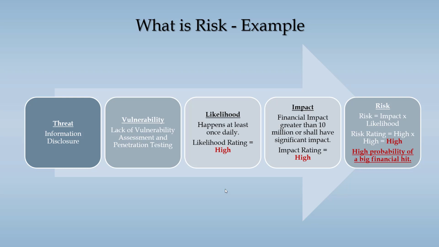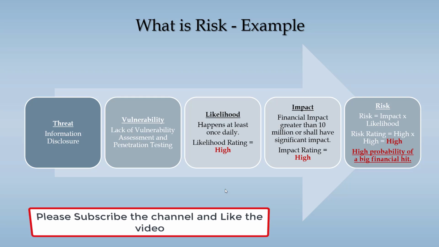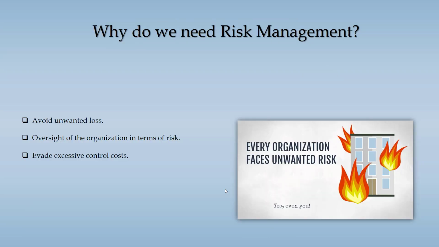So, on multiplying both of them, the resultant would be high. Hence, it's a high risk which has a high likelihood of occurring, and the resultant outcome of the same would be high and bad for the organization.